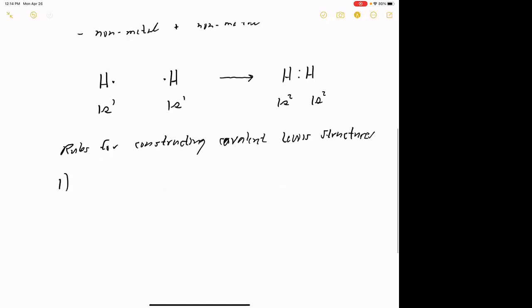First thing, and we're always going to fall back on these. Since we want to form some bonds, what we have to do is use valence electrons to make those bonds. So the first thing we have to do is look at the formula of the thing that we want to show the structure of, whatever the compound is, and count up the total number of valence electrons of all atoms involved.